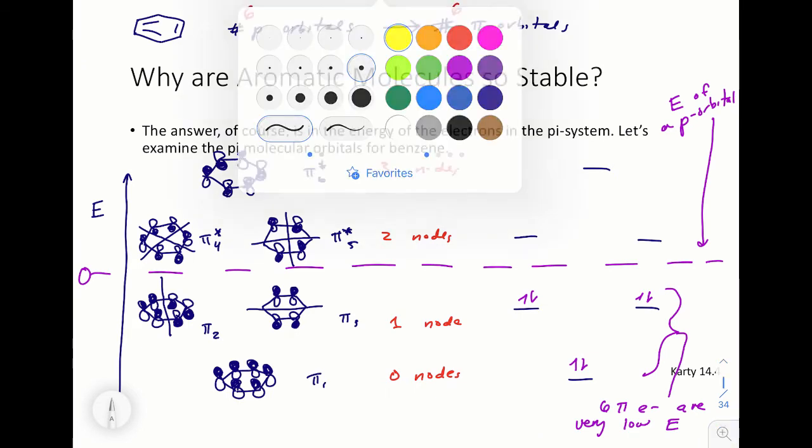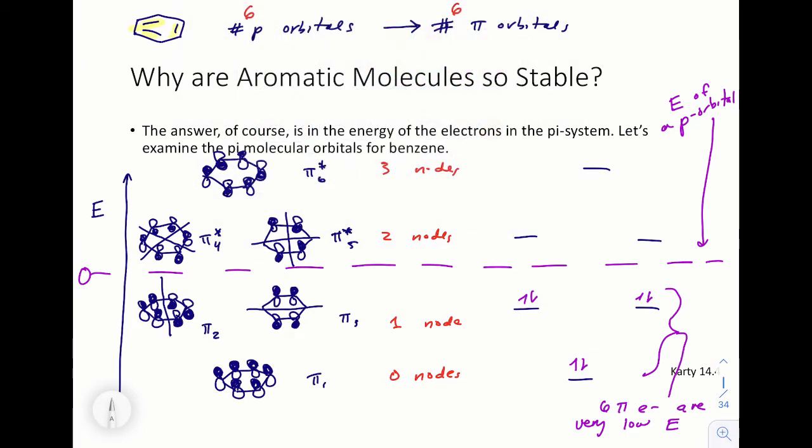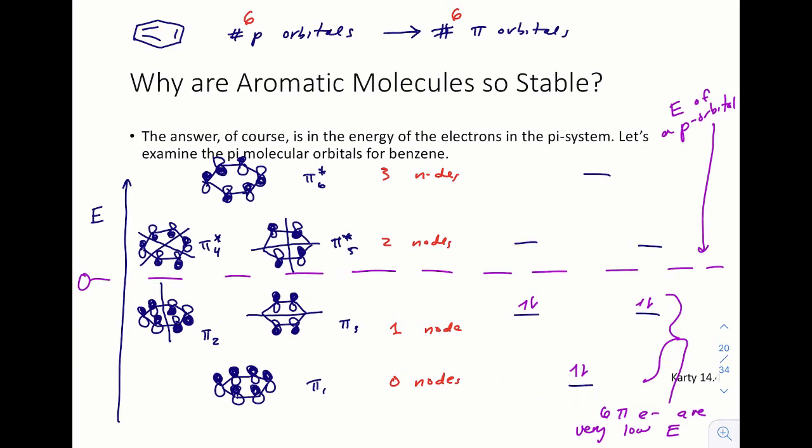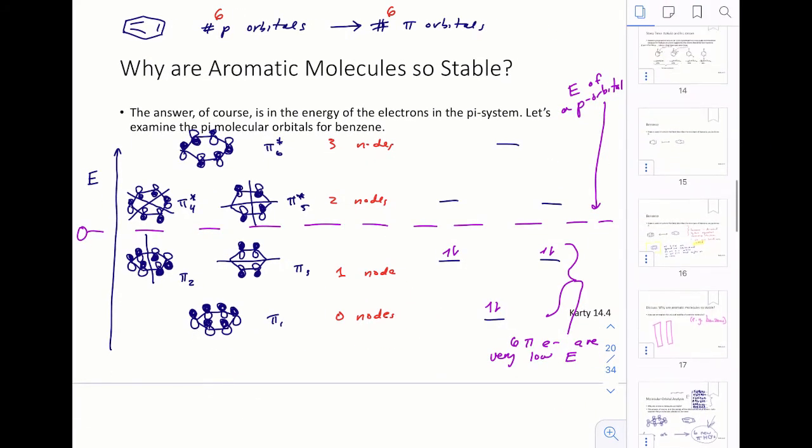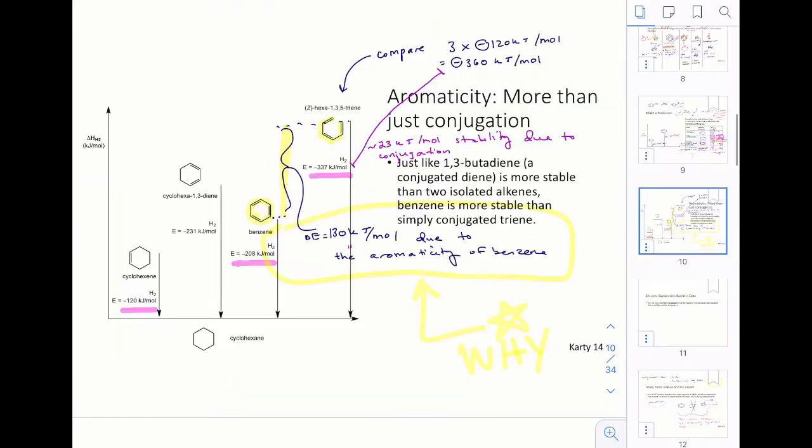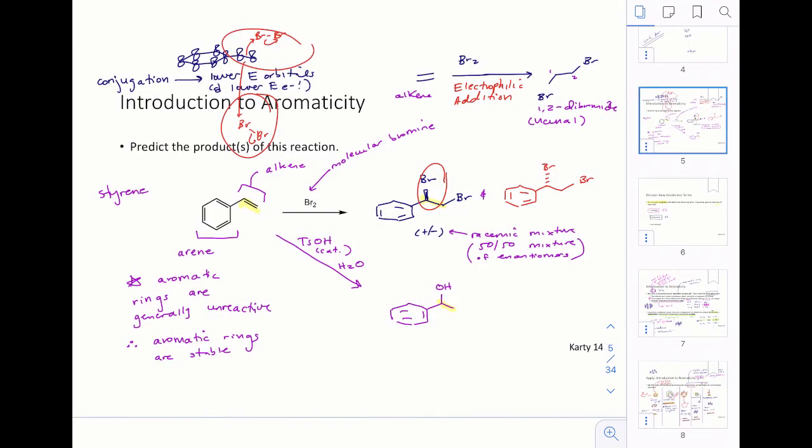Benzene contains 6 pi electrons, which will occupy these low energy pi orbitals. Eureka! We've done it! We've explained why benzene is so stable. We have explained the observed 130 kilojoules per mole of stability due to aromaticity from the heats of hydrogenation data, and why benzene is inert, unreactive, under conditions that affect regular alkenes.